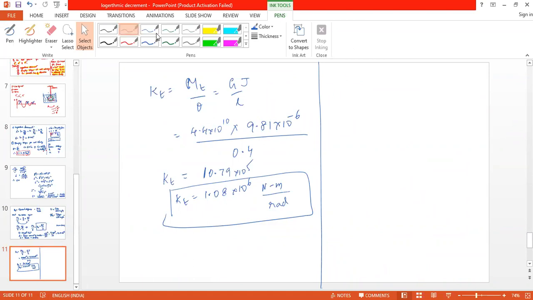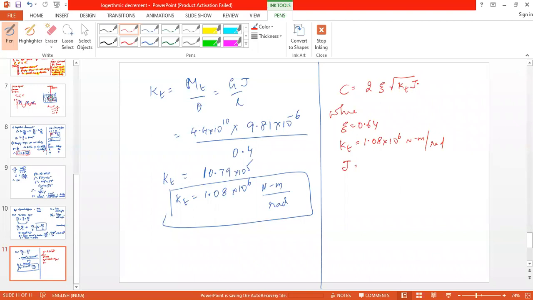And what is J here? Is it polar moment of inertia, or mass moment of inertia, or area moment of inertia? J is polar moment of inertia.